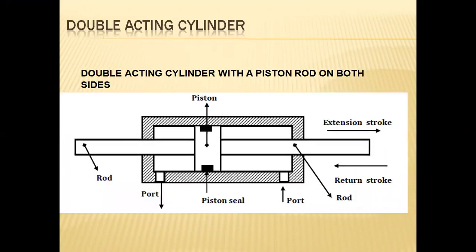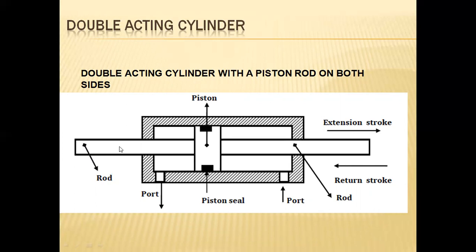And in the case of this double acting cylinder with rods on both sides, the piston performs two different actions simultaneously. At the end of this rod one external support will be connected, and here too another support will be connected.